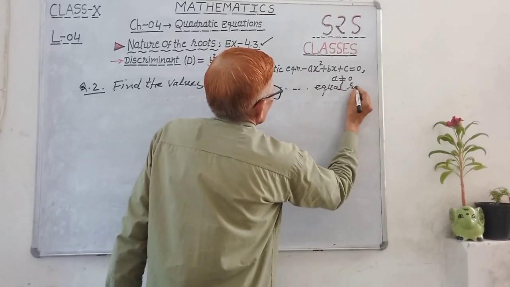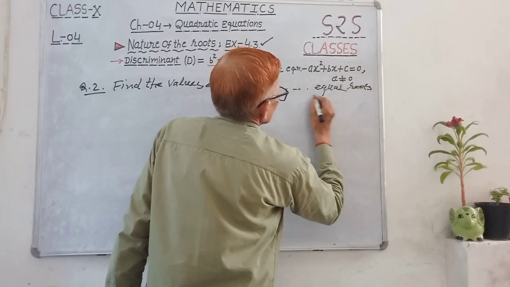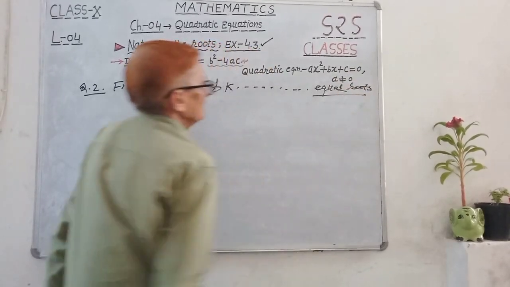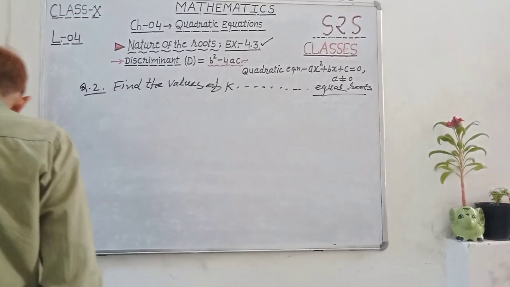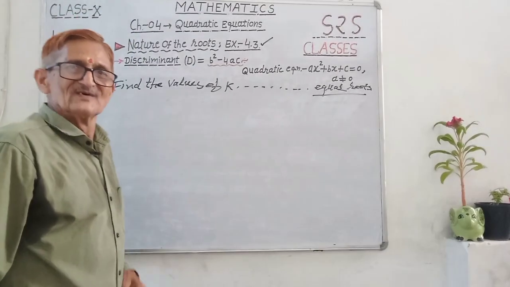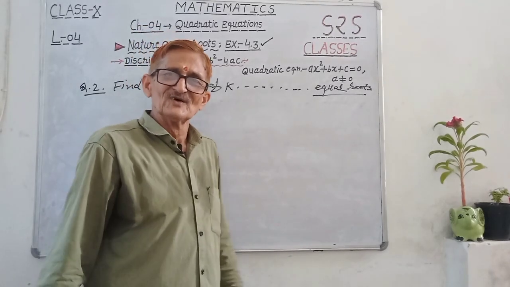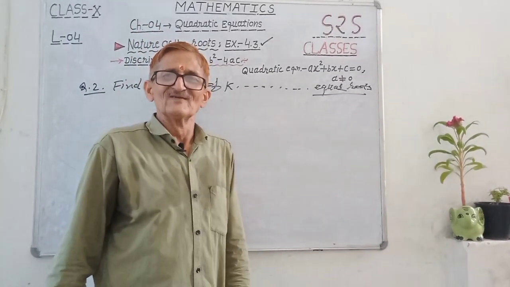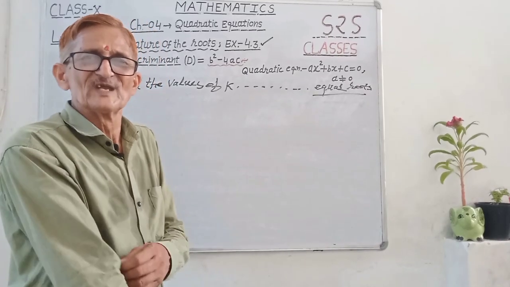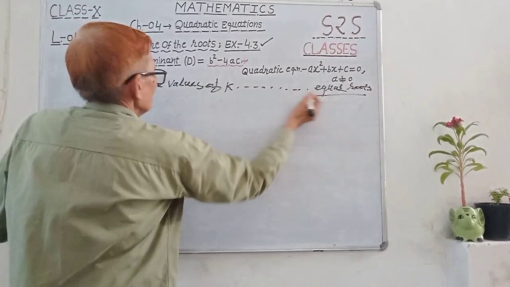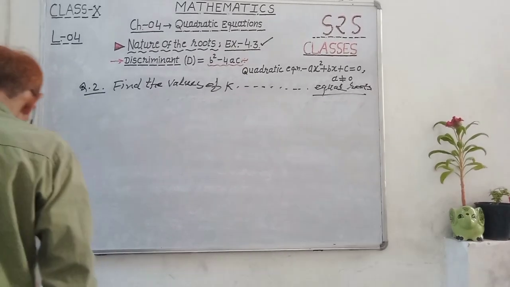Equal roots means this is the given nature. If roots are real and equal, then the discriminant must be equal to 0. The discriminant d value, b square minus 4ac, must be equal to 0. So here we have to use the condition on the discriminant.